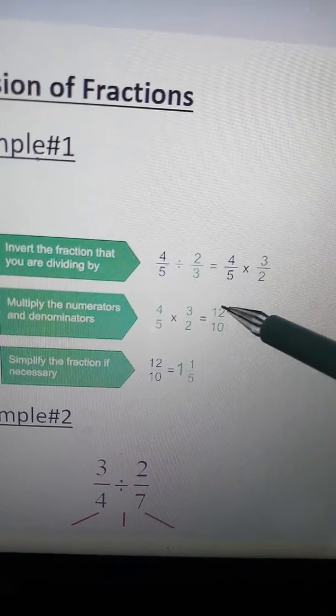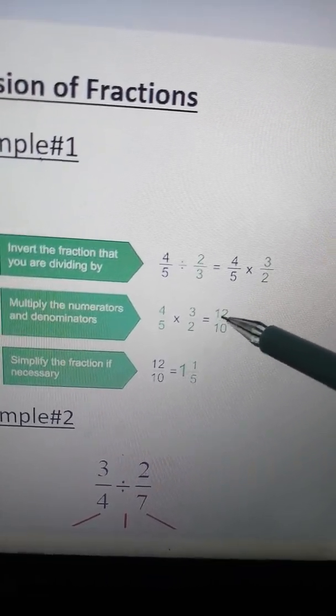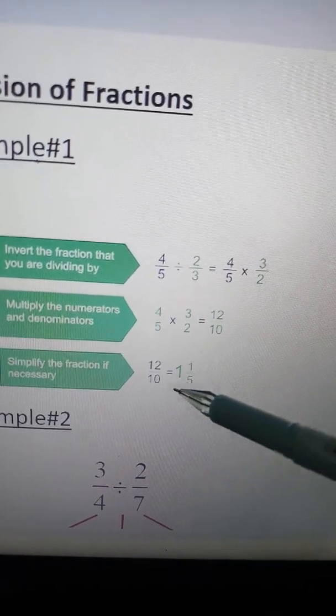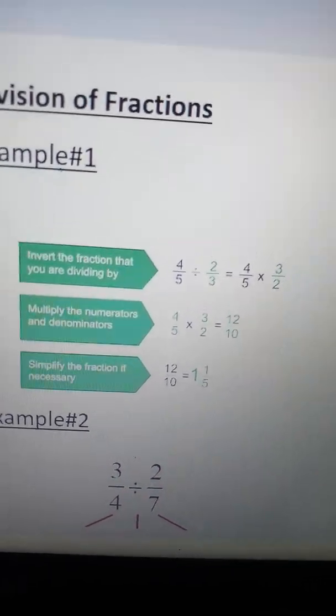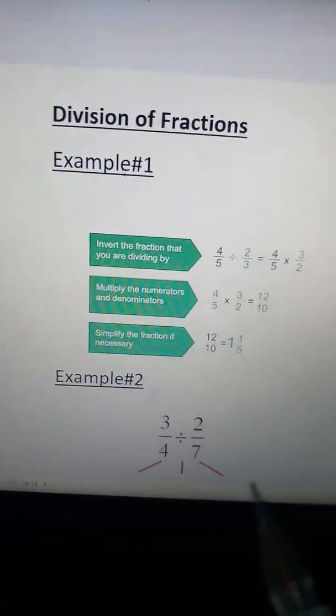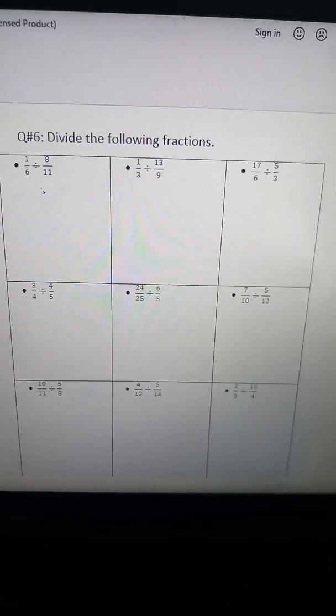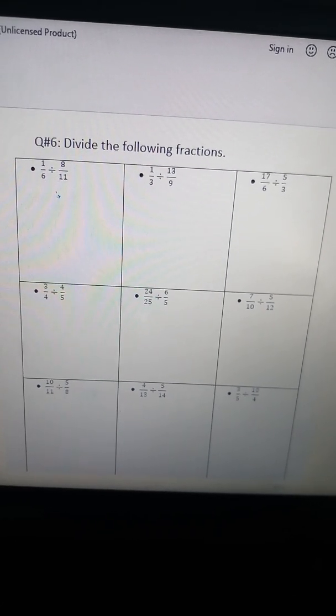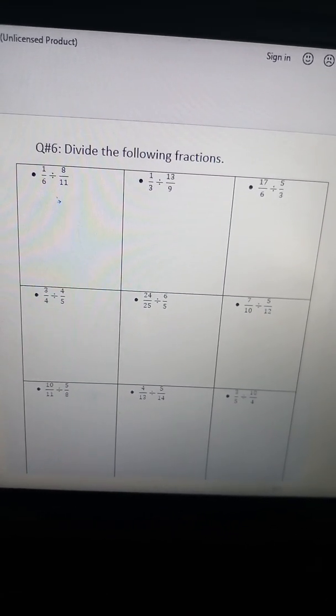Now you can cut them down with the same table, like 2 6s are 12 and 2 5s are 10, and you can also divide them to change into a mixed fraction. Now you can divide the fractions in question number 6 by following the steps given in the example.